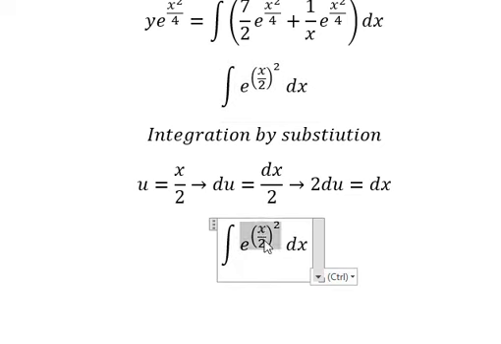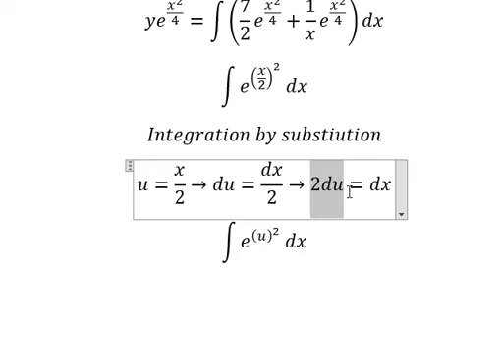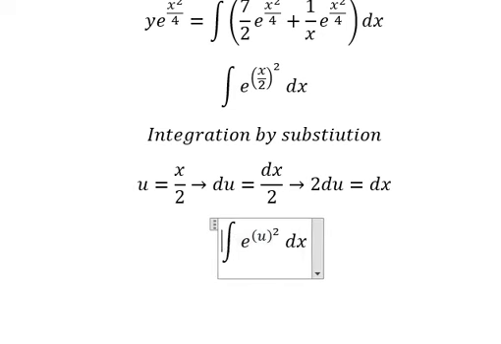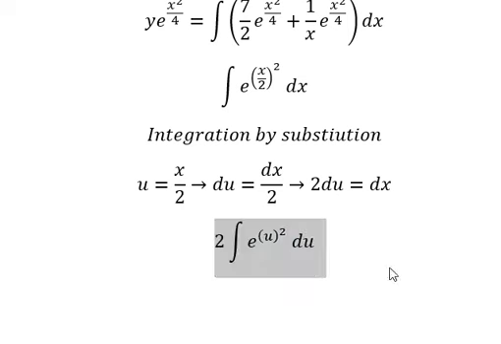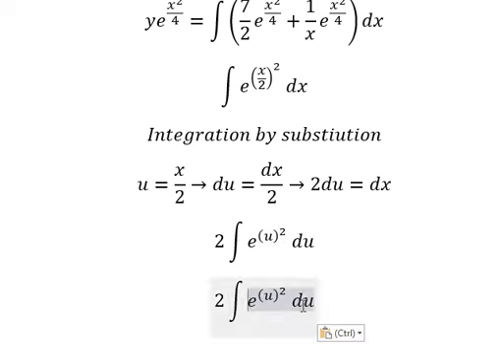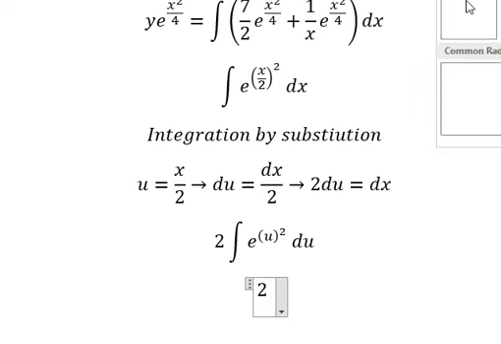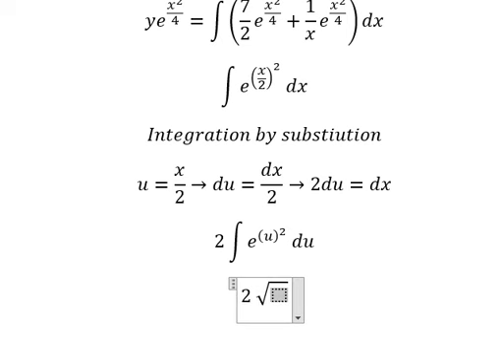So this one we change to u. The s we change to this one. So the integration of this one, the square root of pi over 2, and we have the imaginary error function.